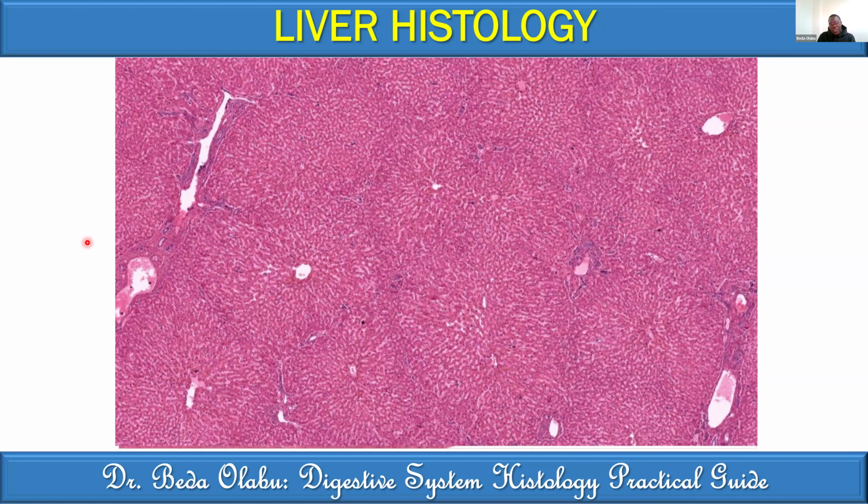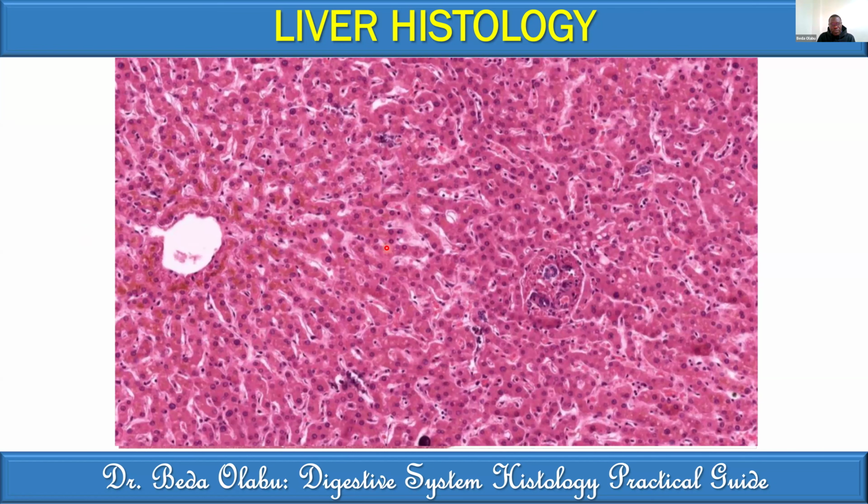Let's talk about, okay, this image shows you the central vein, and it also shows you the portal triad. So this is a portal triad, and that's the central vein. It also shows you how hepatocytes, the cells of the liver, are arranged. They tend to arrange in cord-like orientation.